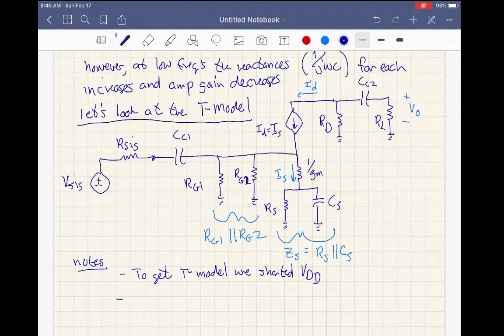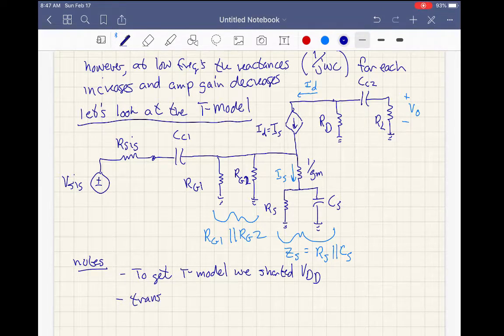Now, if you remember from last semester, I think it was in chapter 7, there was little ro, and little ro was defined as the finite resistance between the drain and source of the MOSFET.